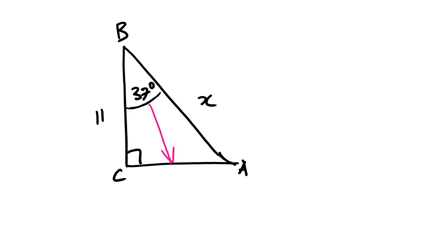The opposite side of theta, we don't have it. We are looking for the longest side, which is the hypotenuse. We are given the adjacent. So we need a trig ratio which involves the hypotenuse and the adjacent side. Since we are looking for the hypotenuse and we are given the adjacent side, we need this trig ratio.